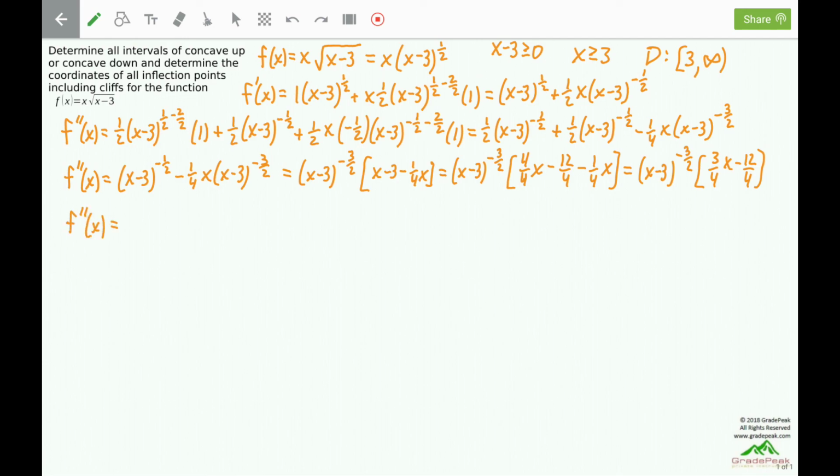The reason we put the minus 12 over 4 is so we can now combine the terms in the square brackets with each other over that common denominator. So it'll be, in the numerator, 3x minus 12, and the entire thing over 4.